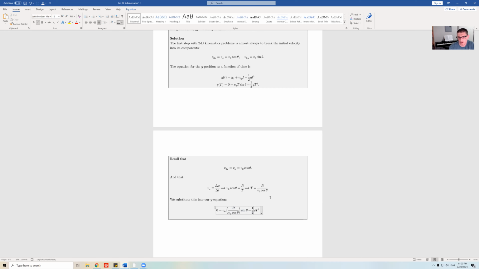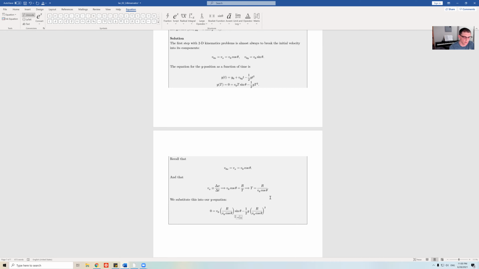We'll do that over here, obviously, as well. And we find that our tangent theta minus G big R squared over 2 V naught squared cosine squared of theta is equal to 0, right?